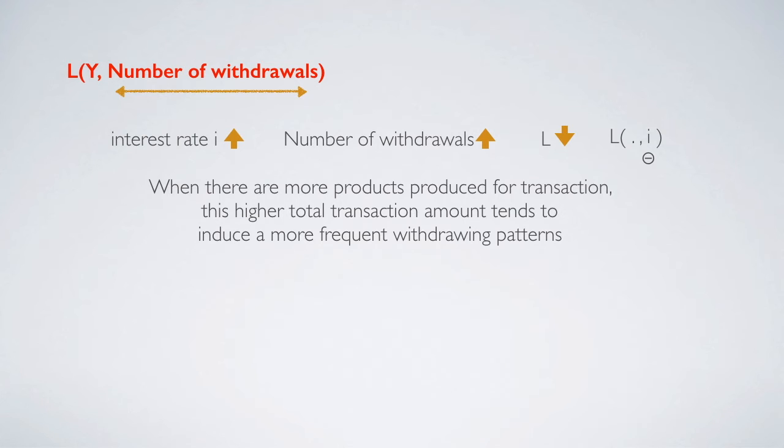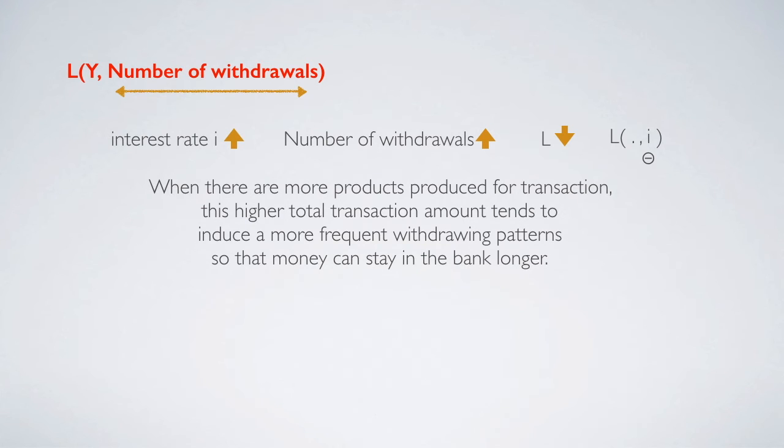But any money withdrawn too fast will sacrifice the interest this can earn. Therefore, when the total transaction amount becomes higher, the household will be willing to withdraw his money on a more frequent basis, which means that he will separate his withdrawal into a higher number of withdrawals, so that he will not increase his withdrawing money so much, so that most of the money can stay in the bank longer.